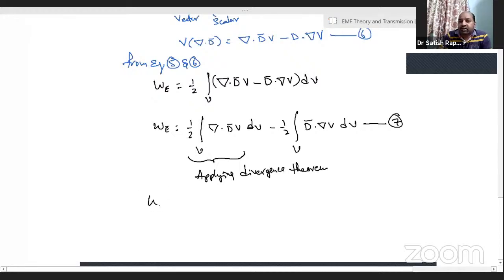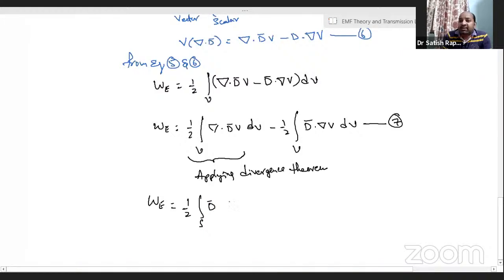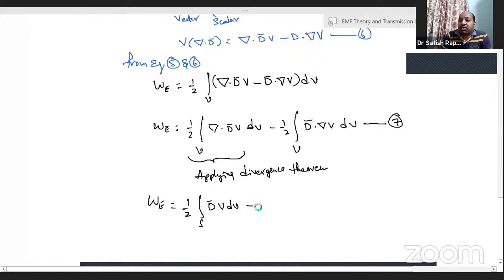Doing that, W is equal to half surface integral of D bar V dS minus half volume integral of D bar dot del V dv.